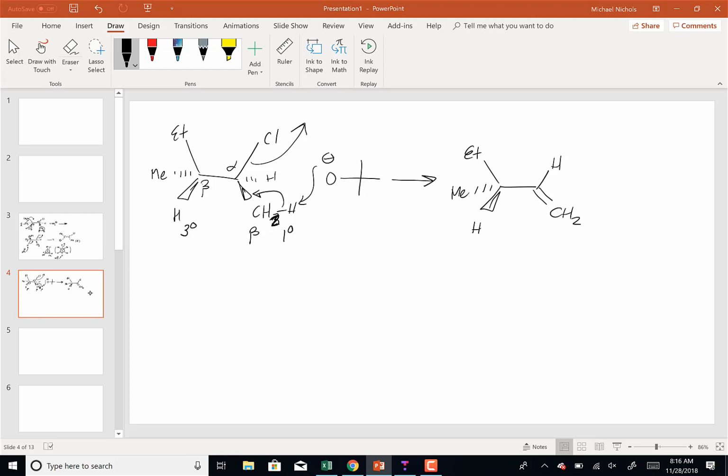So I could very easily give you this same molecule and say, give me the major product with NH2-, give me the major product with tertiary butoxide. And I'm pretty sure I've probably done that on one of the older exams.